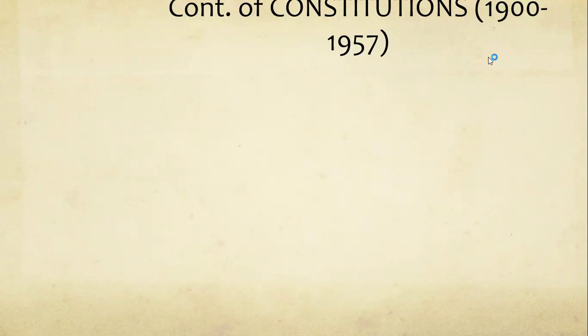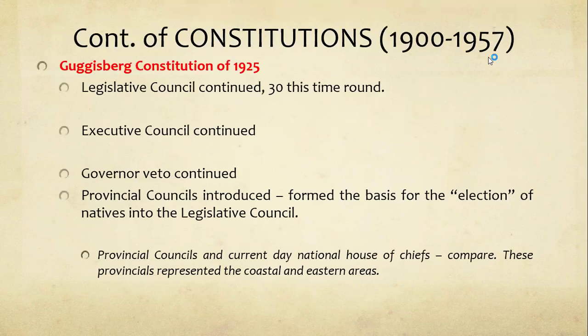So if you look at Section 4 of the Guggisberg Constitution, it explains the official members as follows. So 5 members of the Executive Council, the Secretary of State, the Attorney General, the Treasurer, Director of Medical and Sanitation Service, and the Secretary of Native Affairs. So these are the official members.